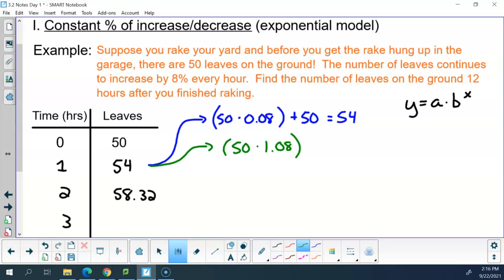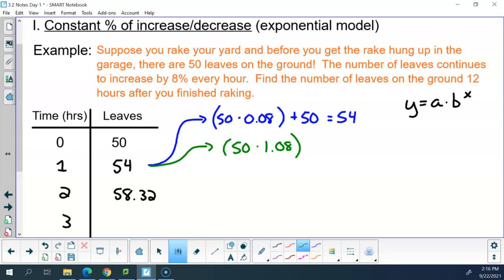Anybody know? And then you can take 54 times 1.08. And then you can take 58.32 times 1.08. And then you can take whatever you get there times 1.08. Okay? You know why that's the easier way?